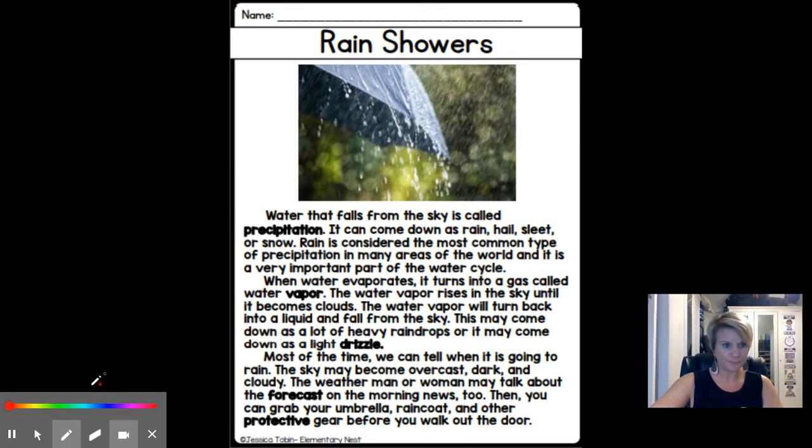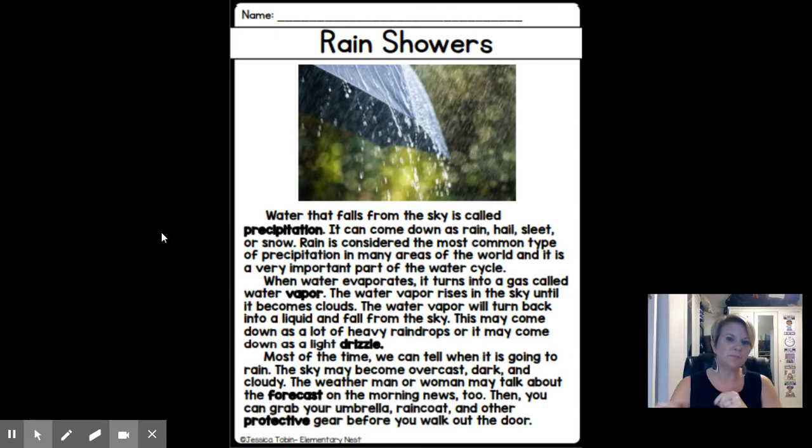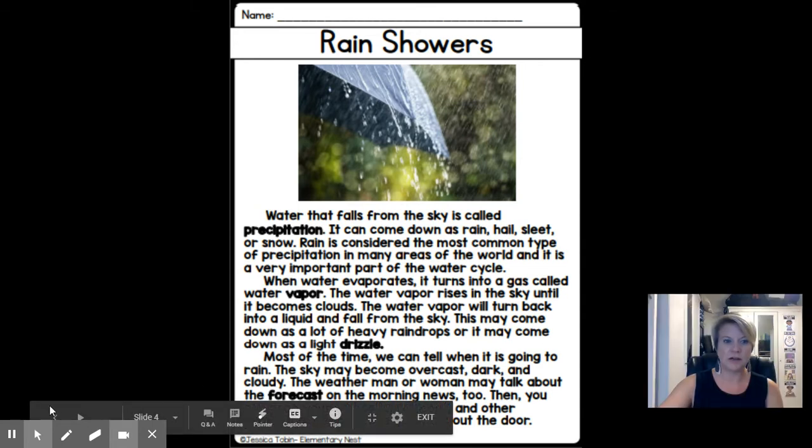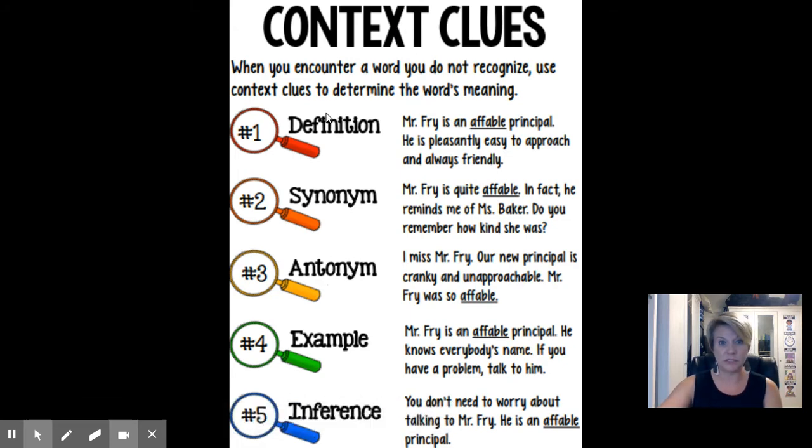Okay, so I'm going to use my pointer here. All right, so I'm going to read this to you, and when we get to a word that's bold, we are going to think about what that word means based on some of those things that we saw. So we're going to think about whether it was a definition. Could there be a definition around the word in the surrounding sentences? Could there be a synonym that could tell me what the word means?